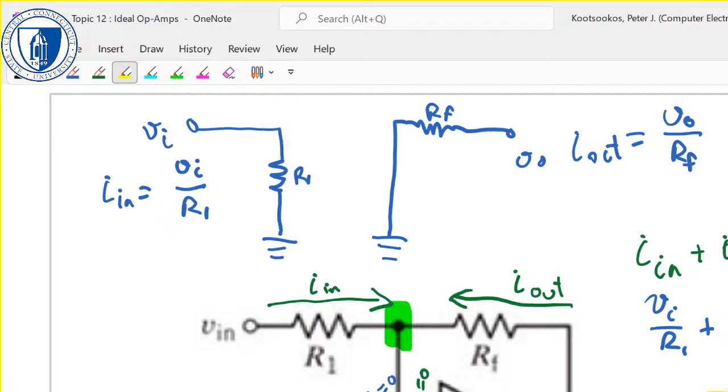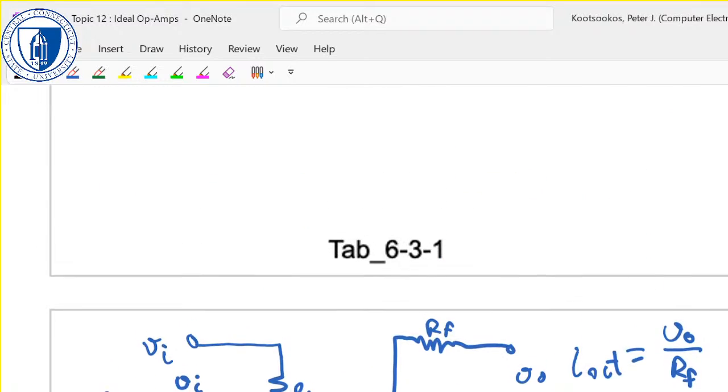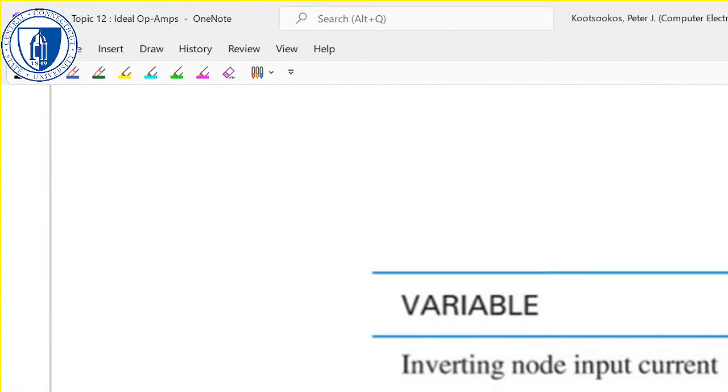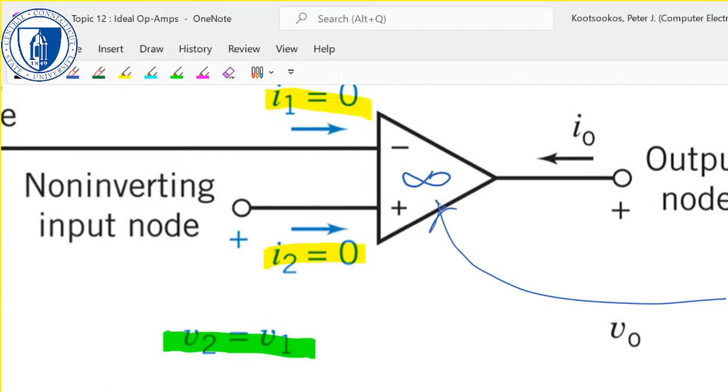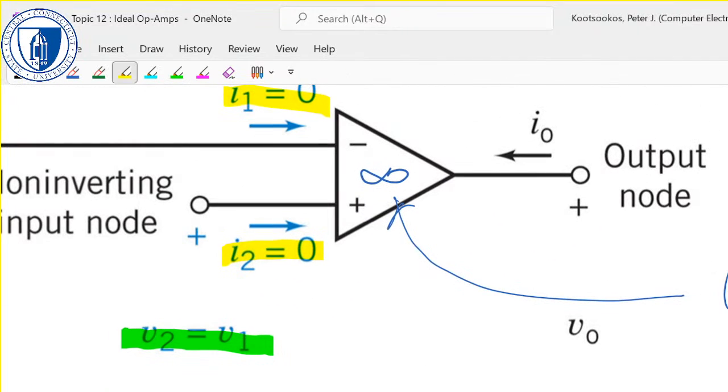The one thing that I haven't told you that I should is what G really is. And it really depends on the frequency. In reality, G can be greater than 50,000.